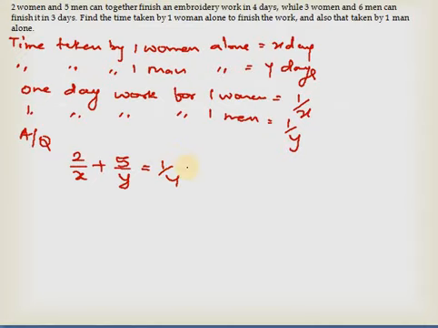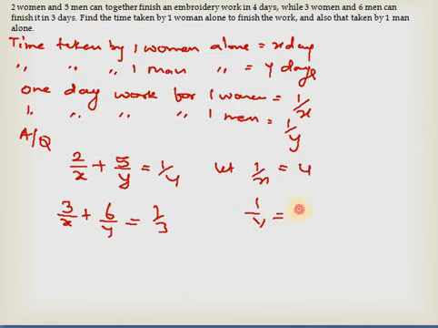Now similarly, if I go ahead with the second, 3 women and 6 men, directly can I write here 3 upon x plus 6 upon y is equal to 1 upon 3, right? So now we have framed this equation. Now let 1 upon x equal u, and 1 upon y equal v.